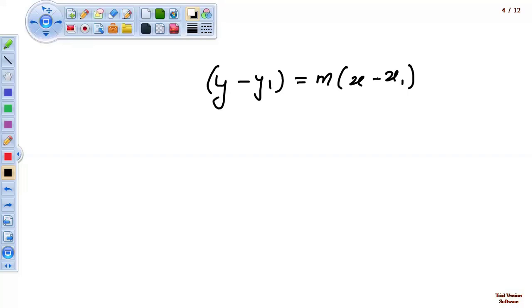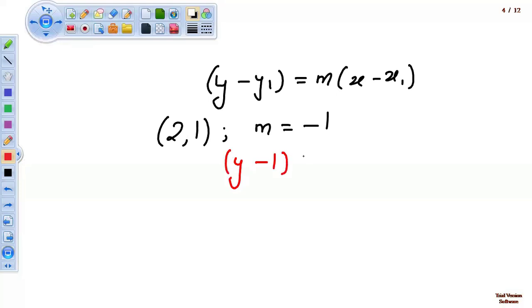So for this, we need 1 point and the slope. Say we have 2, 1 as a point that passes through the line, and the slope of this line is minus 1. So with the help of this, we can find the equation of line. y minus 1 will be equal to minus 1 times x minus 2.